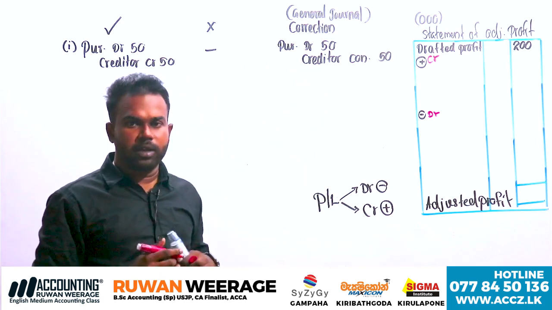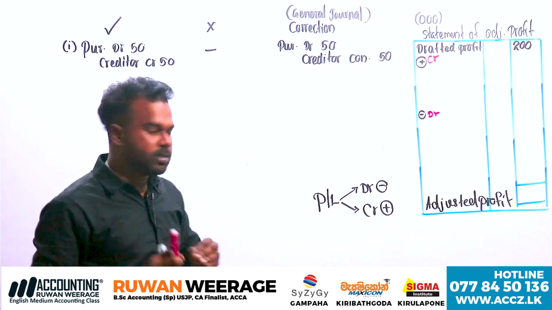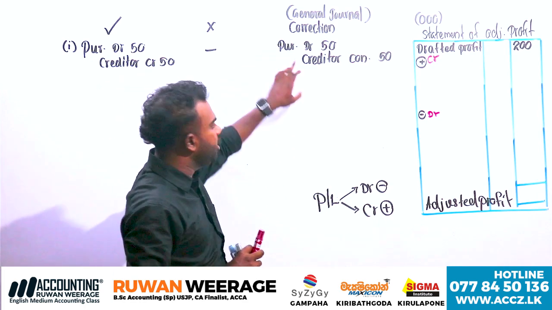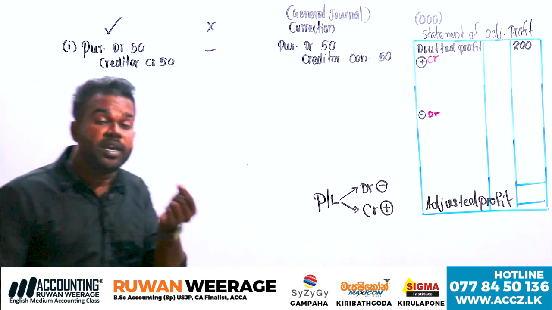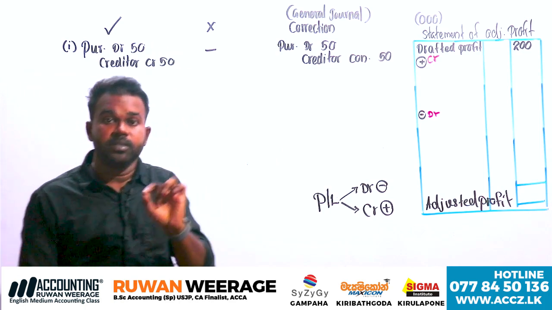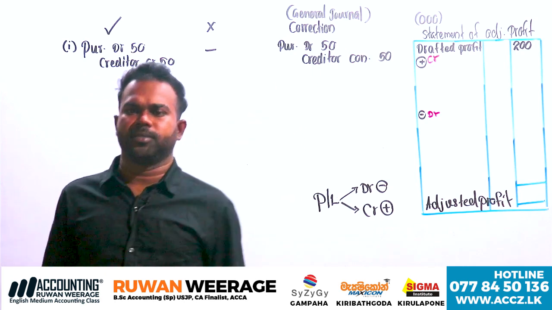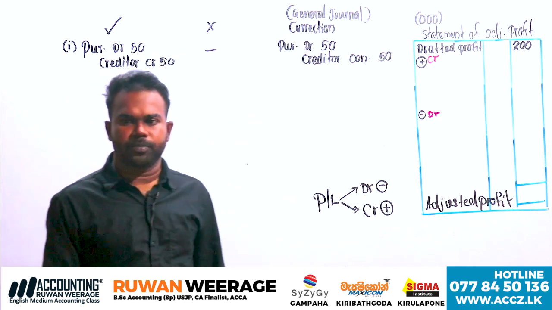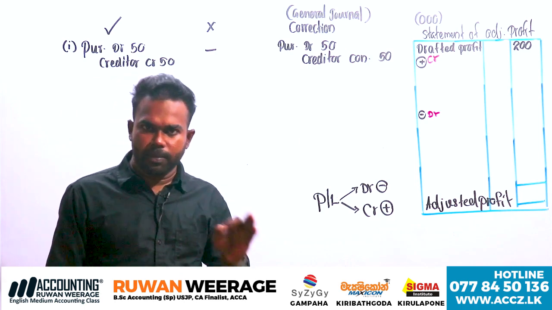Now you have to think about the profit impact, which transactions are income and expenses. Look at the correction entry: which one is income, which one is expense? Can you identify any P&L item? A P&L item means income or expense. Is creditor a P&L item? No, it is a liability. Does liability impact profit?